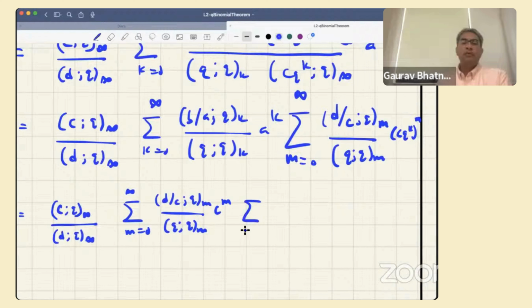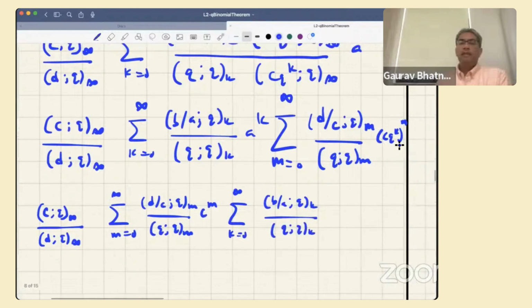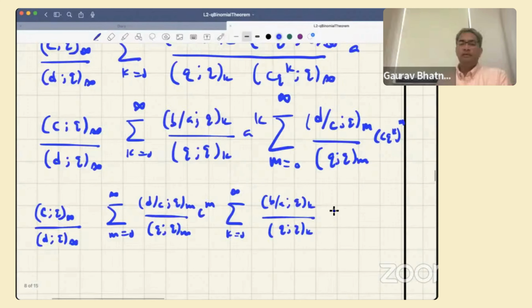Then the stuff about k: you have (b over a;q)_k over (q;q)_k, and this q to the m times a, raised to the k.